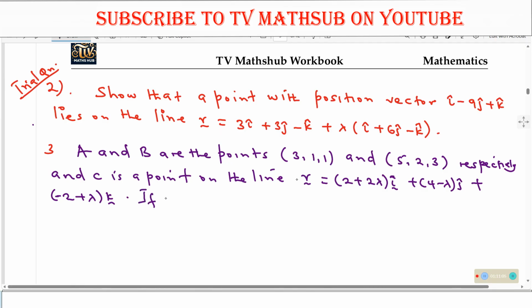If angle BAC equals 90 degrees, find the coordinates of C.